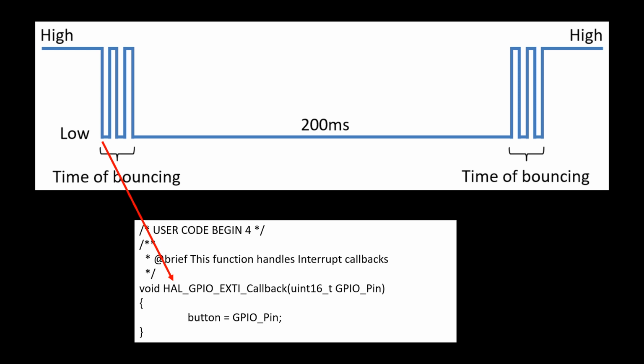That means which port pin the event occurred on. Fortunately, the interrupt handler immediately gives us the corresponding pin over the parameter GPIO_Pin as an integer value.